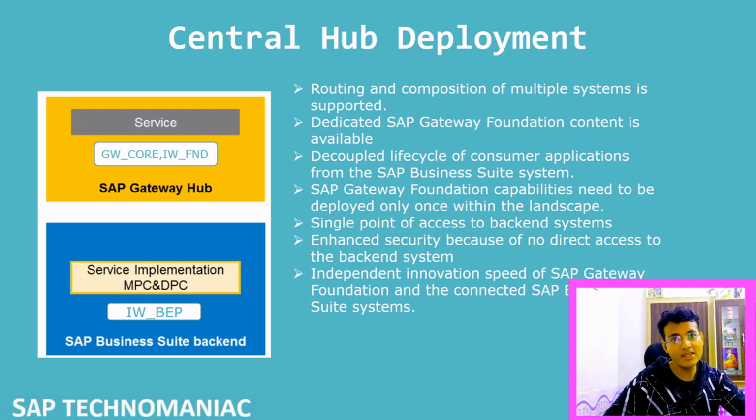If you see your Fiori versions and UI5 versions, they change more frequently than your backend version. So if the components are separate, then you can do the enhancements or upgrades independently of each other. That is the advantage of having the central hub system, or SAP Gateway Hub as a separate system.